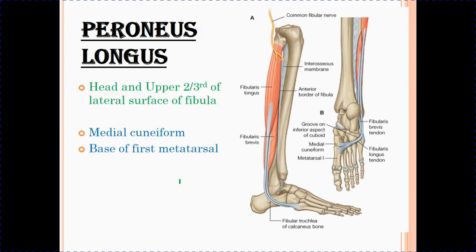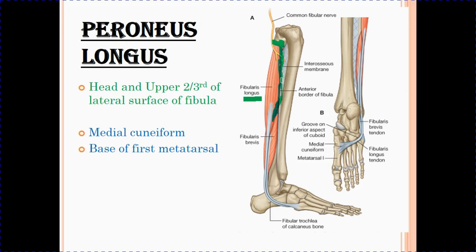The first muscle, peroneus longus, we are going to discuss the origin and insertion. Now see, the peroneus longus is arising from the head and the upper two-thirds of the lateral surface of the fibula. This is the fibula.